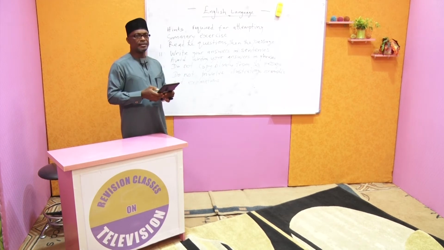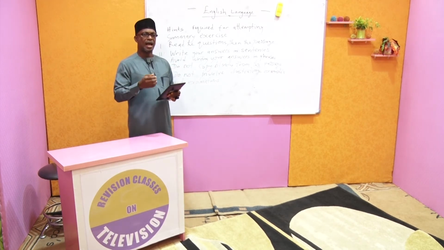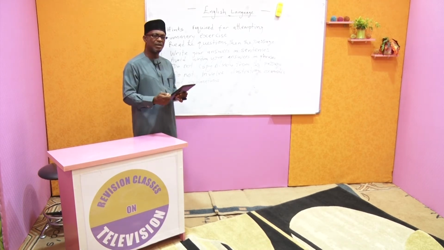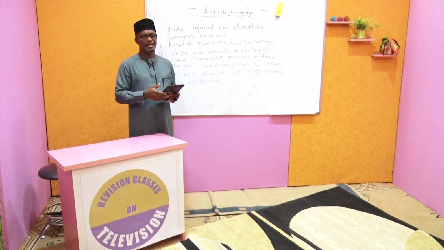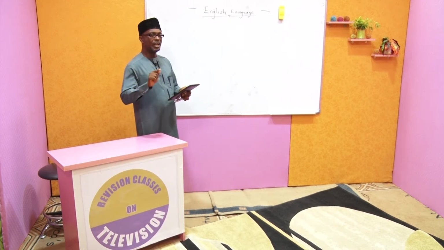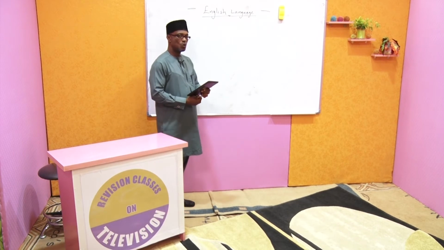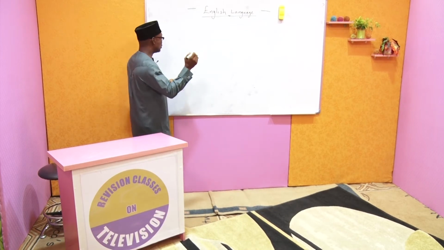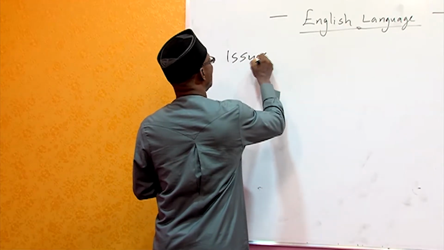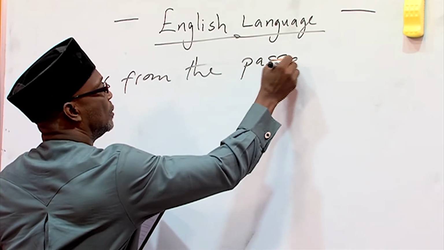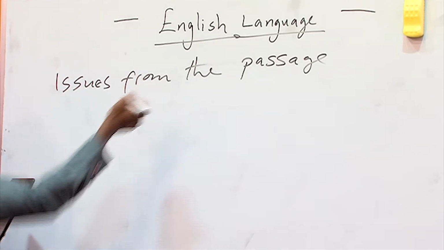Now, candidates have always asked, how do we arrive at these points? How do we arrive at these main ideas? It is simple. For every paragraph, there is always a topic sentence. From the passage that we've just read, we have been able to identify the main issues. And number 1, we call it issues from the passage. This will guide us into getting to our sentences.